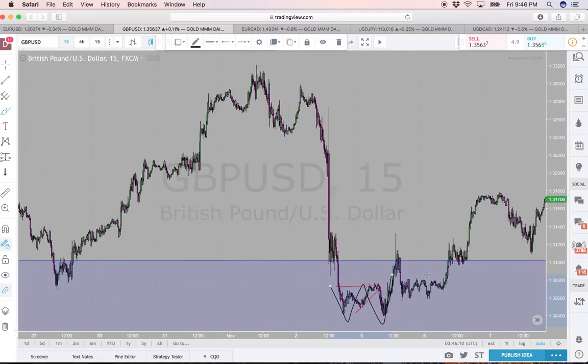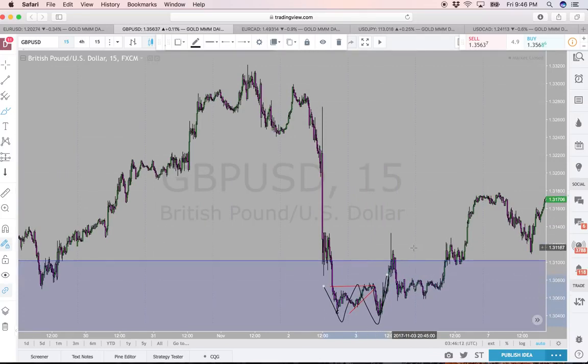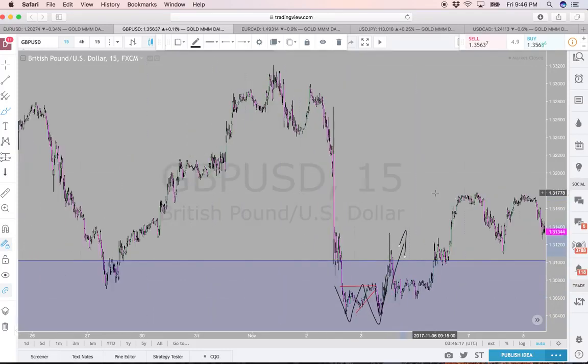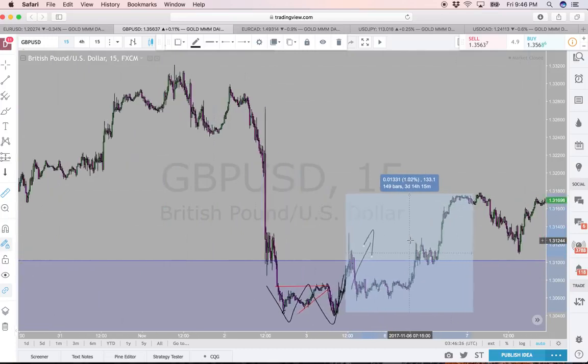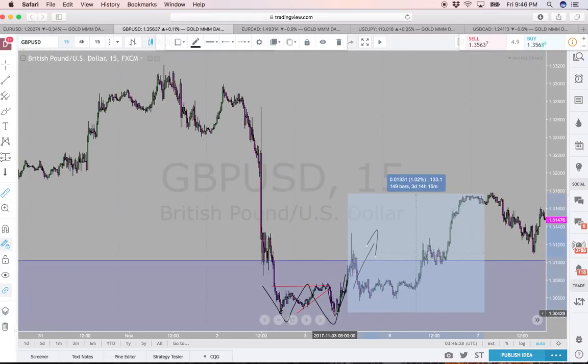And then we can see a lot of times this comes back up for lots of pips. I mean, this is over 50 pips if you catch that. That's 130 pips if you catch all that run off of the low right there.